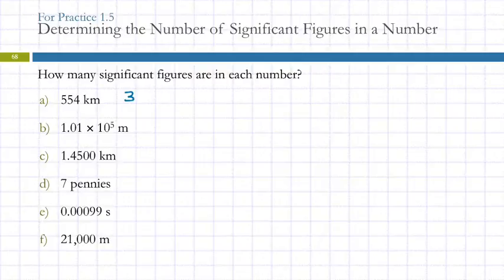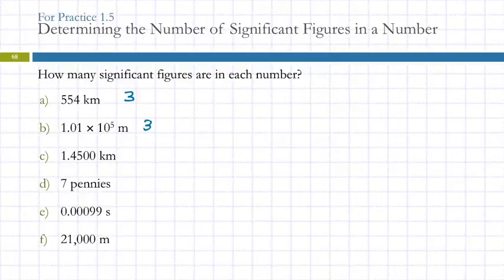Letter B, 1.01 times 10 to the 5th meters. 3 sig figs. Okay, so this number is in scientific notation. And this 0 is trapped, so we can count that. This times 10 to the 5th business is holding a decimal place. So this has 3 sig figs.